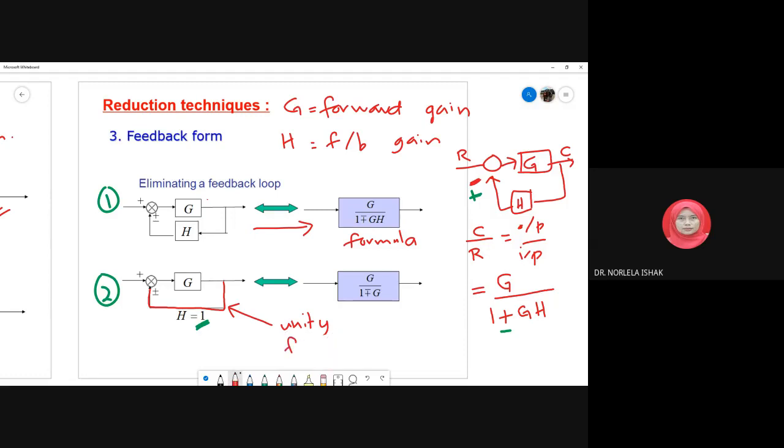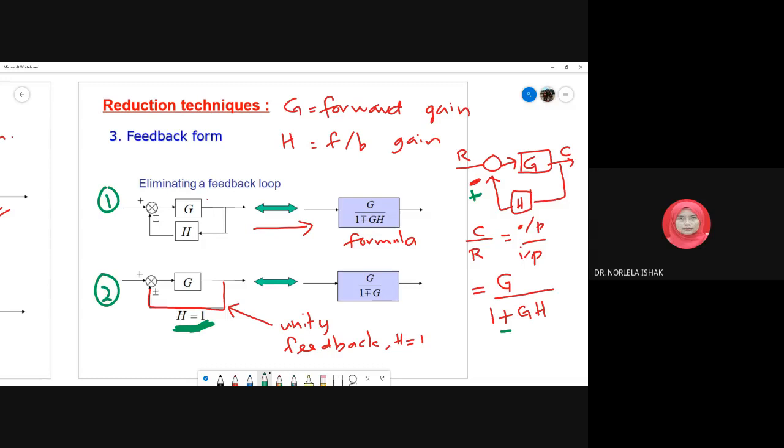Unity feedback means H equals 1. Okay, similar to this one, H equals 1, right?